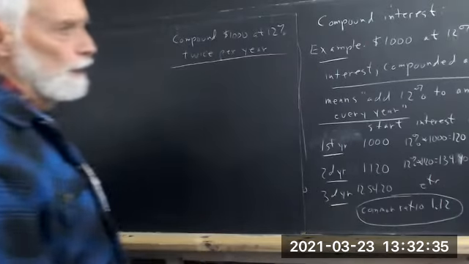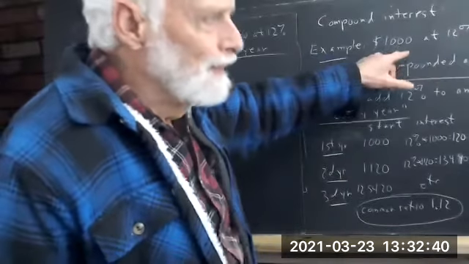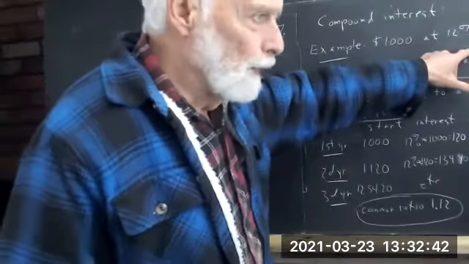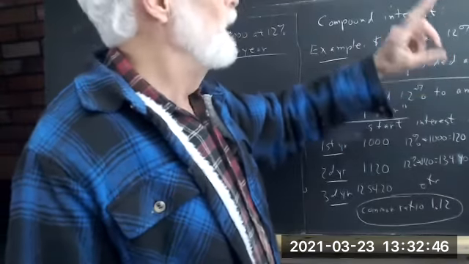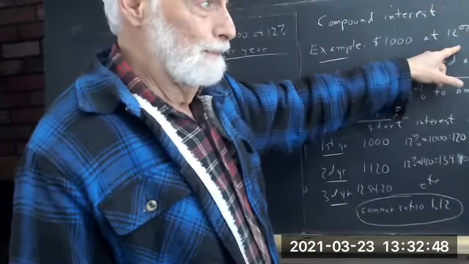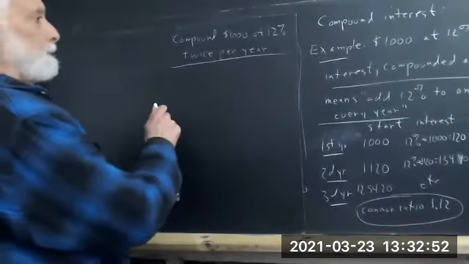Now, what this means is we don't give you 12% after 6 months and another 12% after another 6 months. Okay? We give you half of the 12% every 6 months.